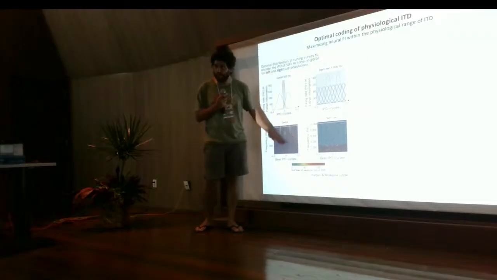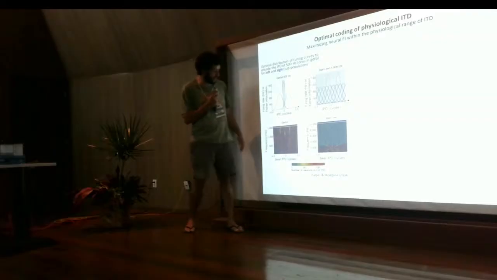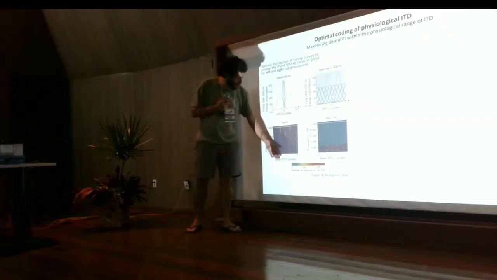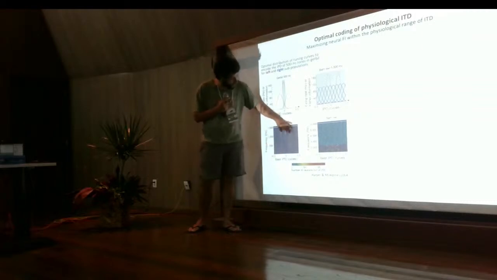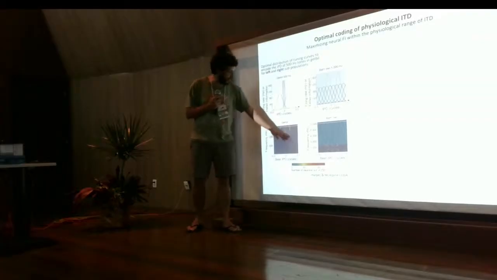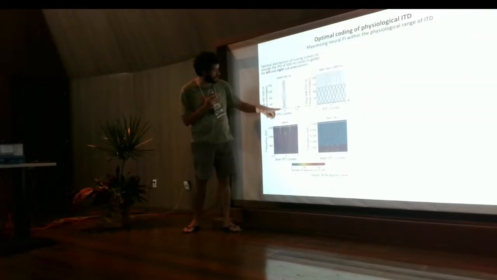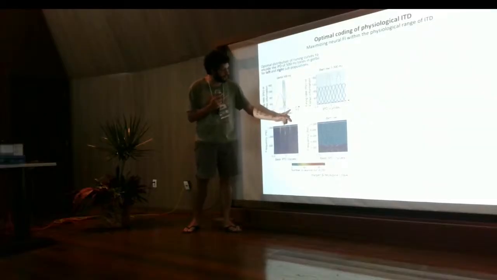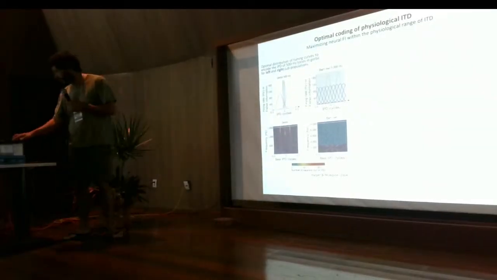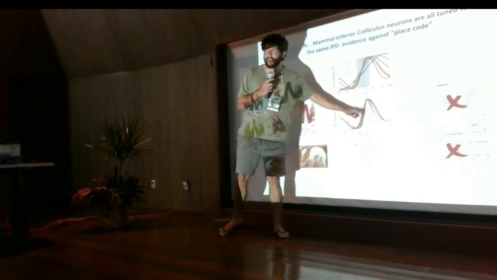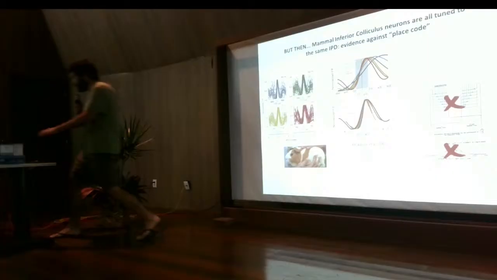And this is the optimal coding: the optimal tuning to code for those physiological IPDs will be this way. So it's one group of cells tuned to one side, another tuned to the other side, exactly as seen here, all at the same IPD. So this will be the explanation.